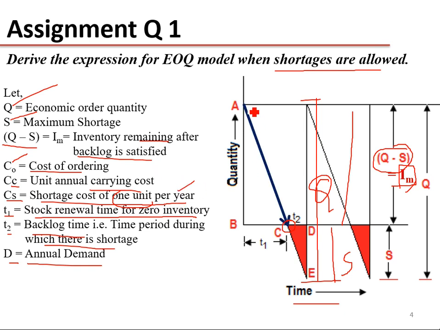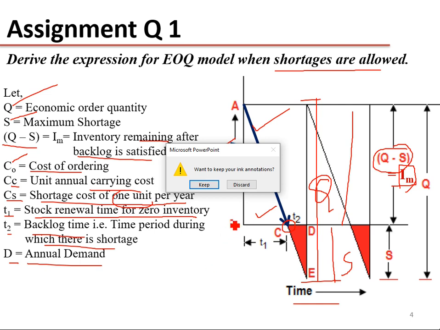Now first, as we all know, this slope defines the rate of consumption. That means this much quantity is going to be consumed after this much amount of time. I have already discussed this with you in the previous lecture.